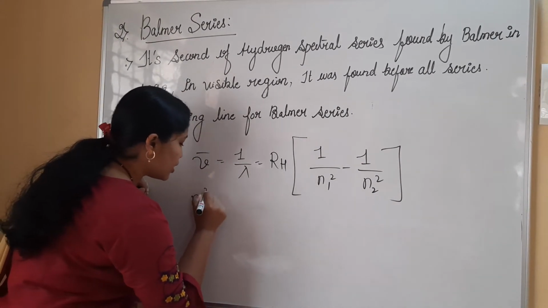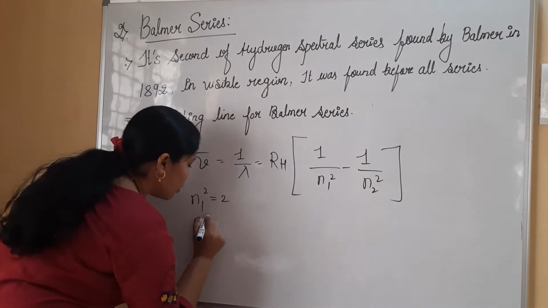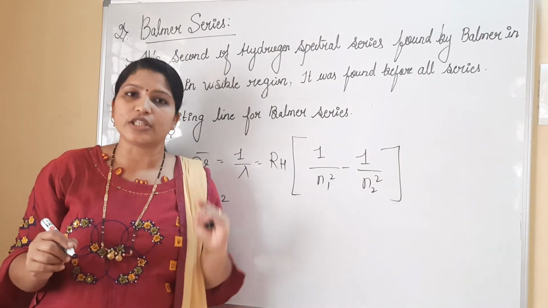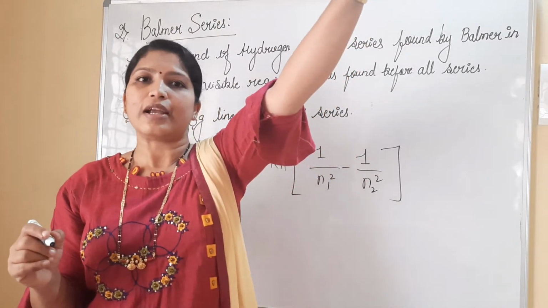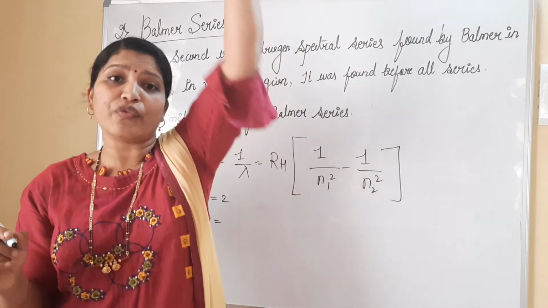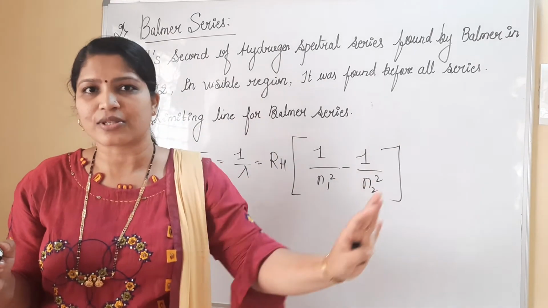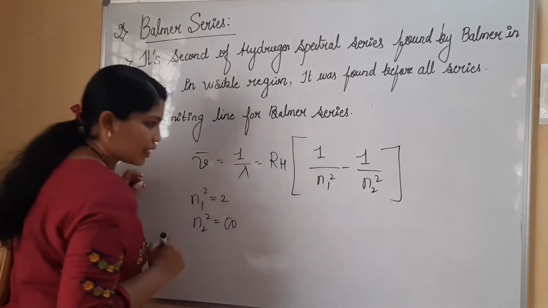We can consider N1 square is 2, right? And for N2 square, as I told you, from infinity also they can jump. That is the last energy state, that is infinity, above which we cannot have any values. That is infinity itself, it's the last. So that we will be considering.